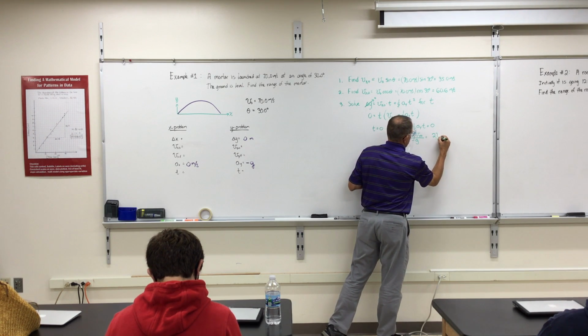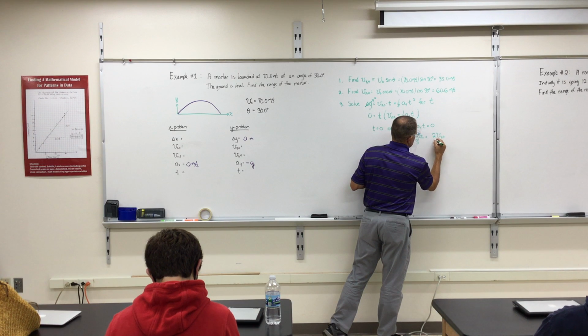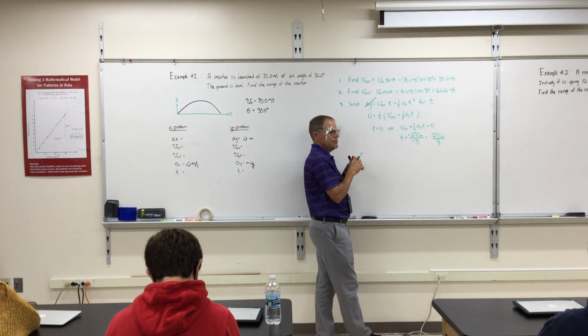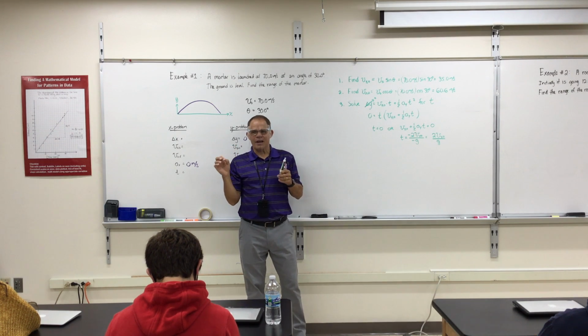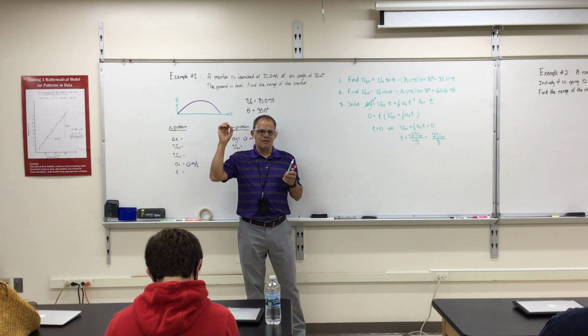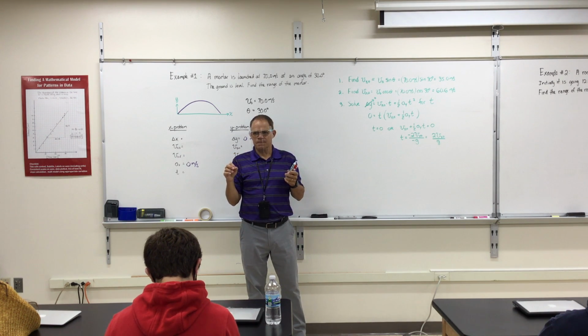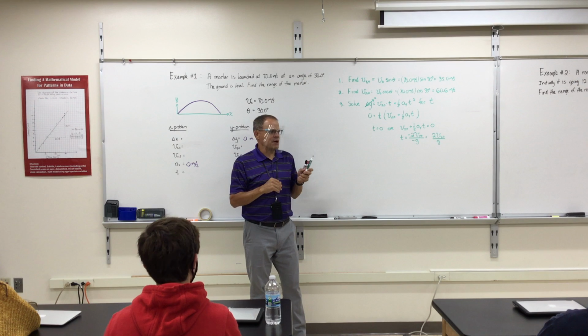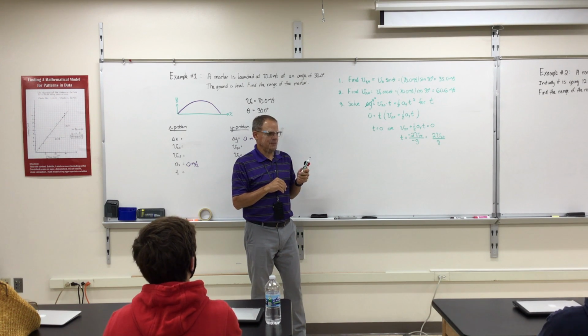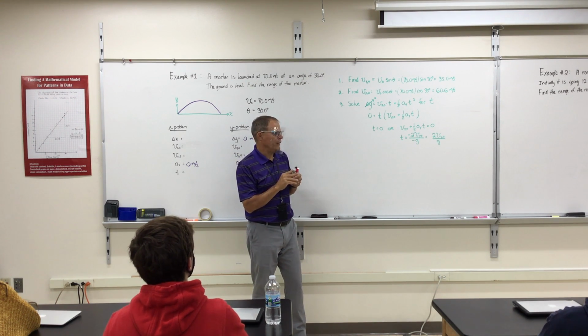That's going to be 2 times the velocity in the y direction initially divided by g, because the negatives cancel. So you don't actually need the quadratic unless a, b, and c are all non-zero. If one of them's 0, you can solve it another way. You only need the quadratic if they're all not 0.